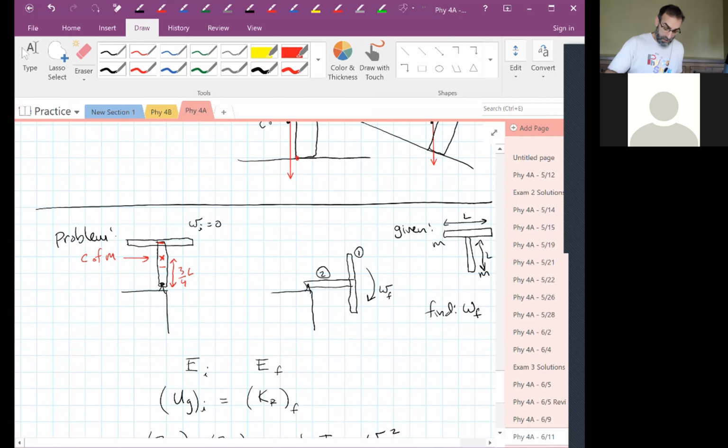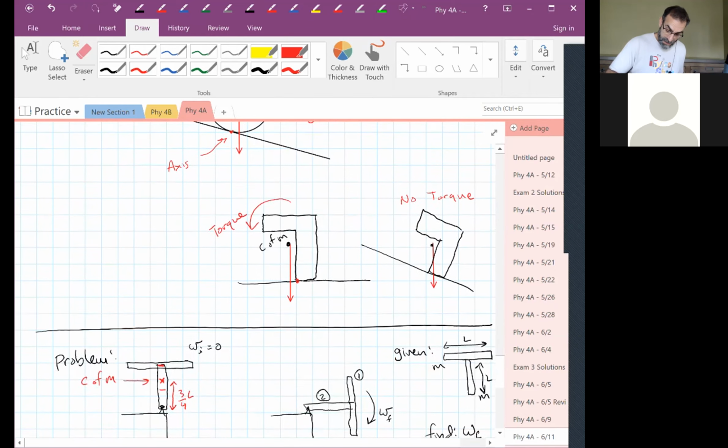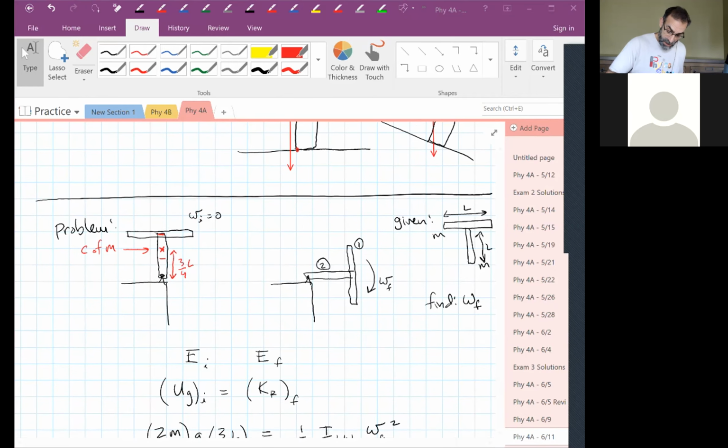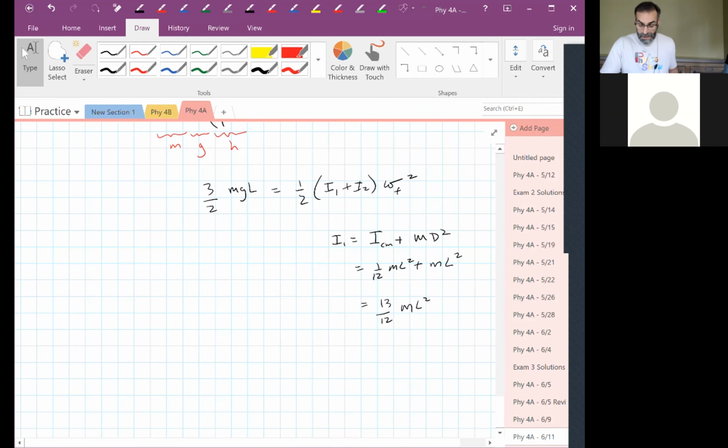We've got our object rotating about, that's the center of mass. Oops. That's the center of mass axis would be over here. So D would be that distance right there. No, you cannot do that.